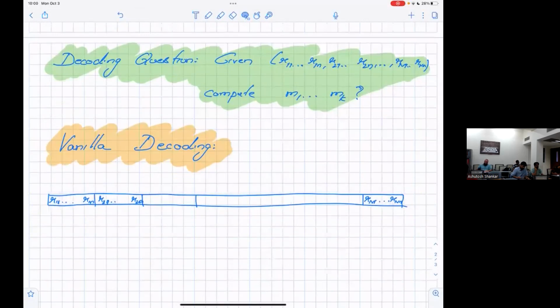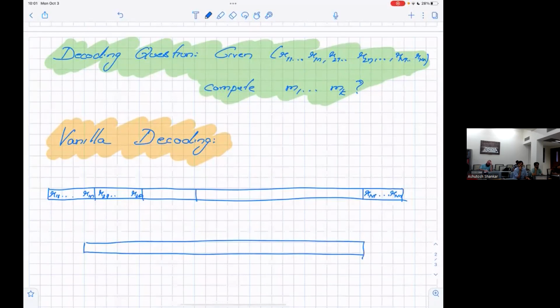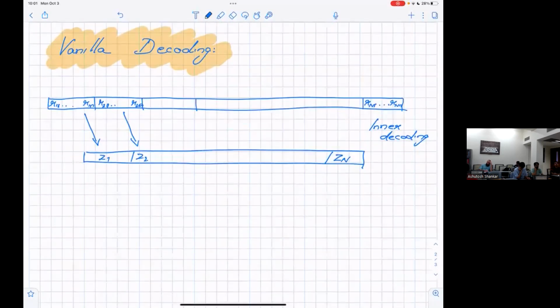We first do inner decoding, and we get, say, Z1, Z2, all the way up to Zn. Now, how are the Zi's defined?